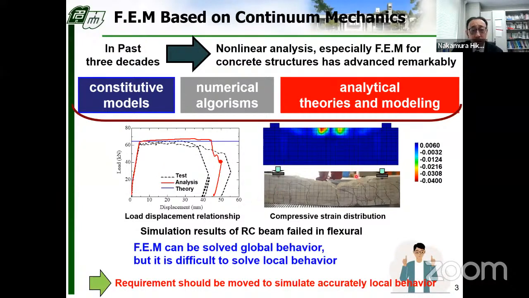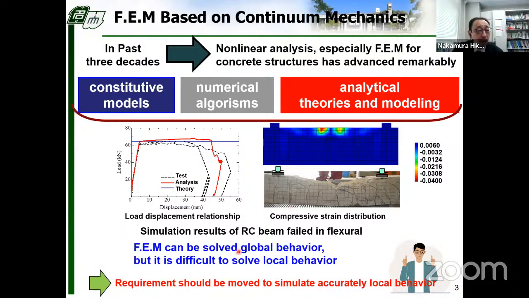This shows the simulation result of an RC beam failing in flexure. The load displacement relationship can be simulated reasonably. However, compressive strain localized in one element, and the damage zone is quite different from the test result. This is the famous localization problem of softening material in the finite element method.